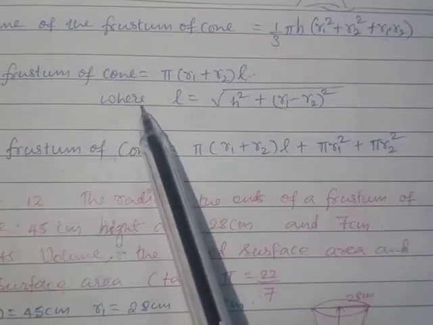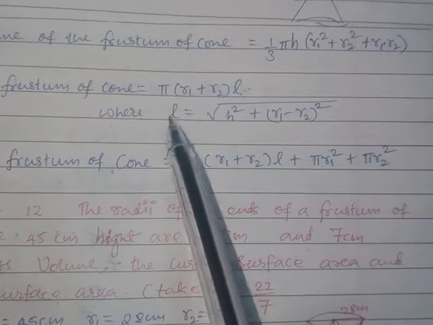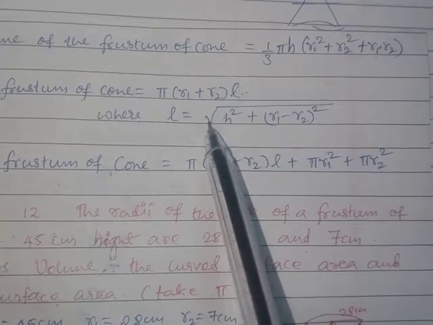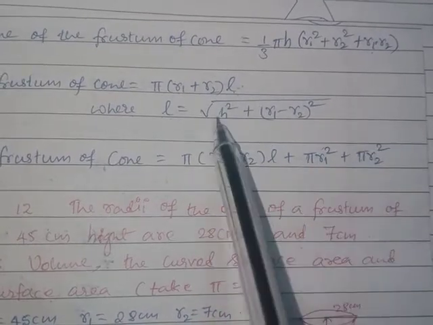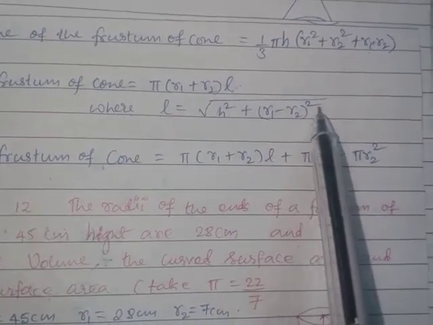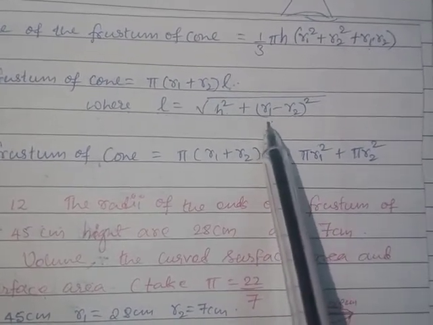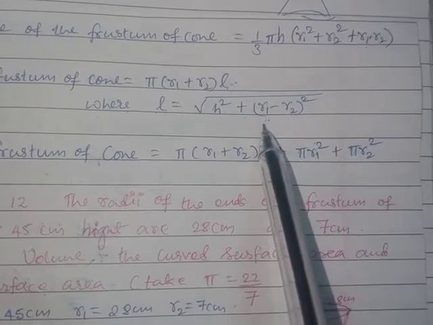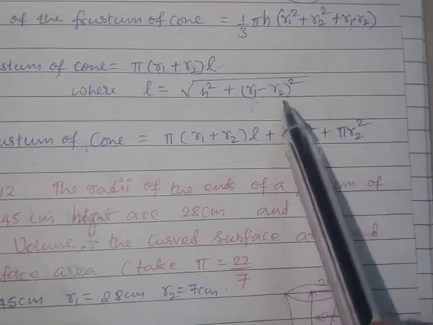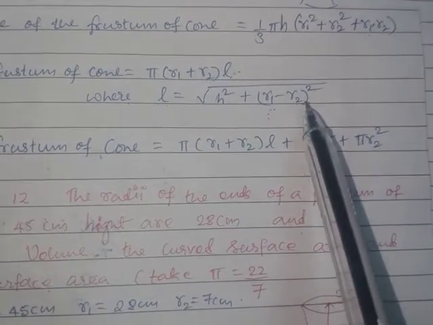We have another formula to find the slant height of the frustum, derived from the Pythagoras theorem: L is equal to square root of h square plus (r1 minus r2) whole square. R1 is the radius of the bottom or base of the frustum, and R2 is the radius of the top of the frustum.